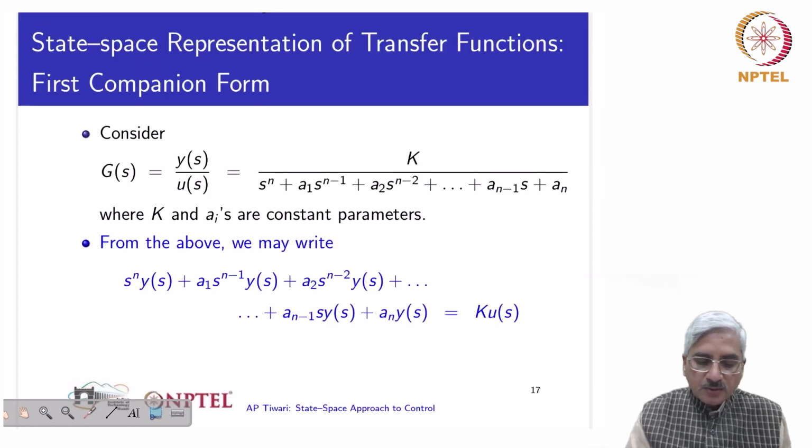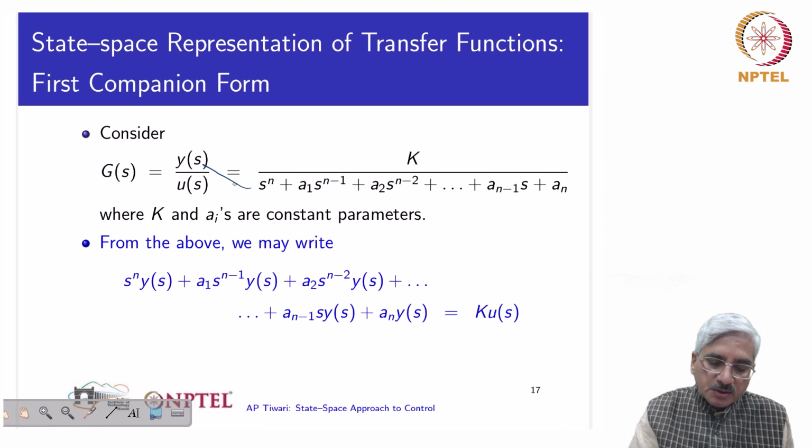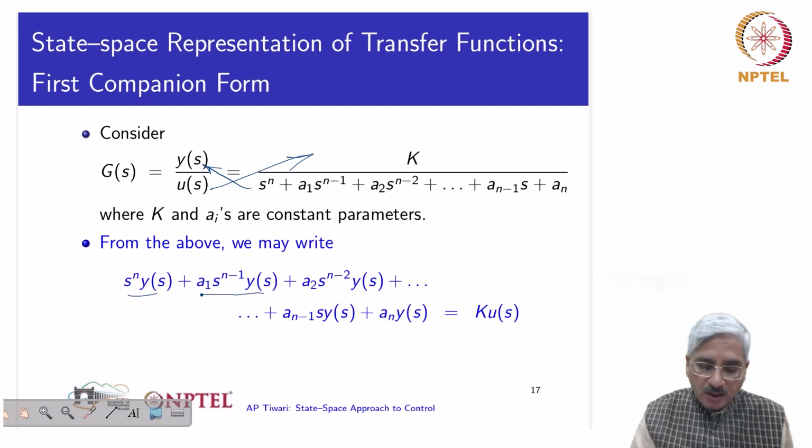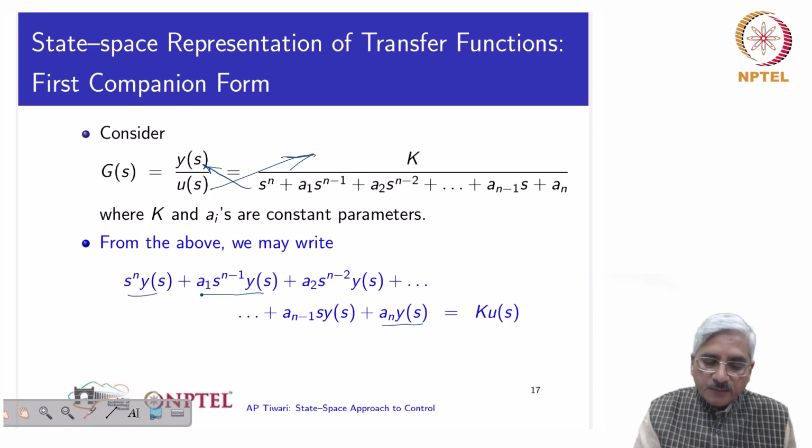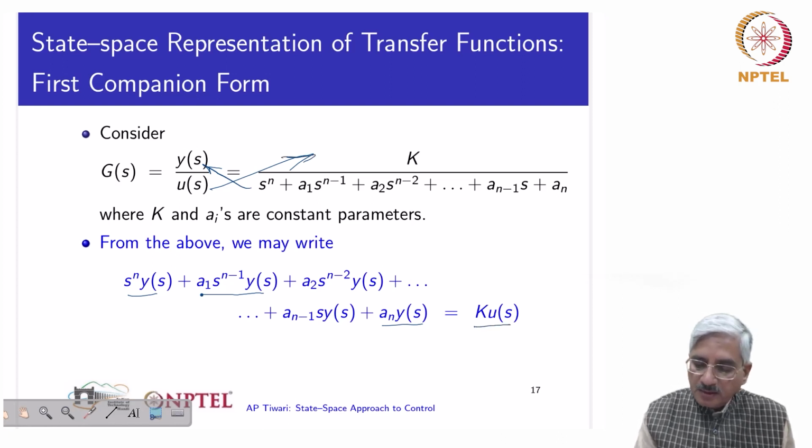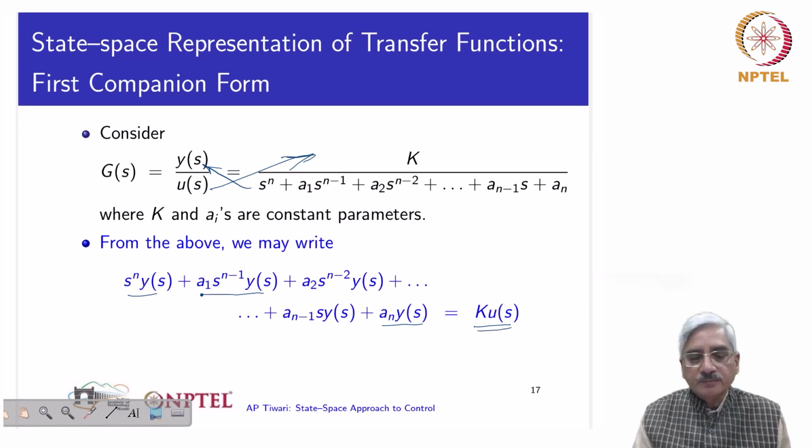So what we do is we cross multiply the terms. What we obtain by cross multiplication of the denominator with Y(s) is s^n Y(s) plus a1 s^(n-1) Y(s) and so on up to an Y(s), and the cross multiplication of U(s) with k simply gives k times U(s).